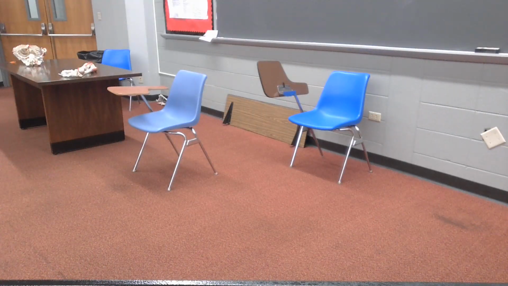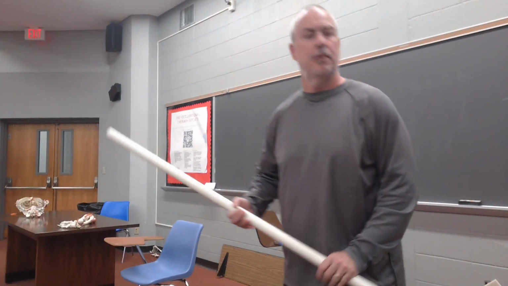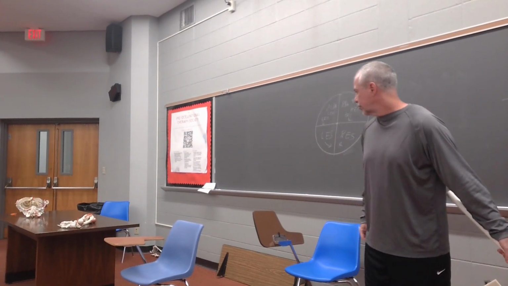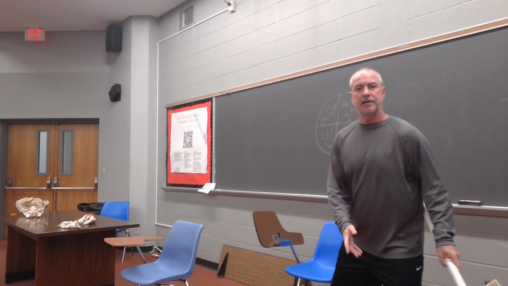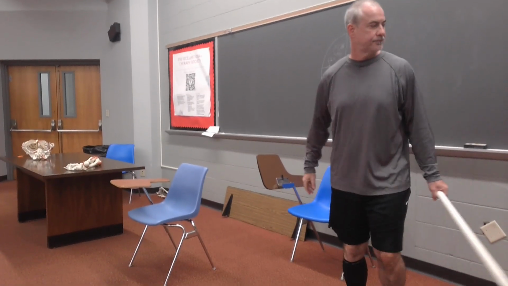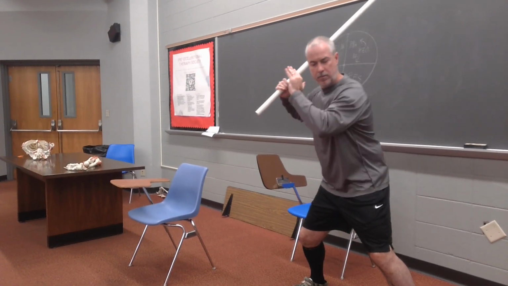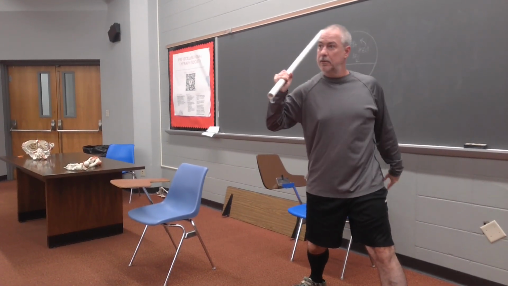So, where are my baseball, softball players? Okay. A lightsaber would work a lot better. What I need you to be able to tell me is if I'm a right-handed batter, I do this.